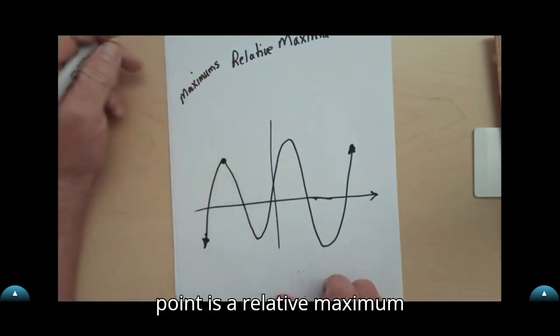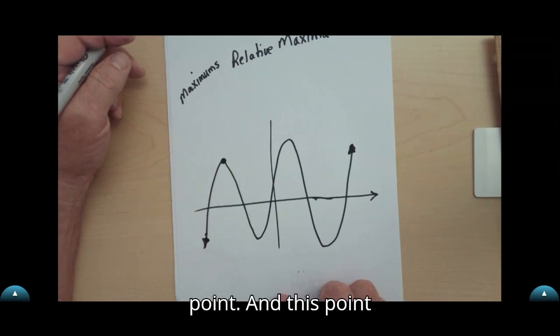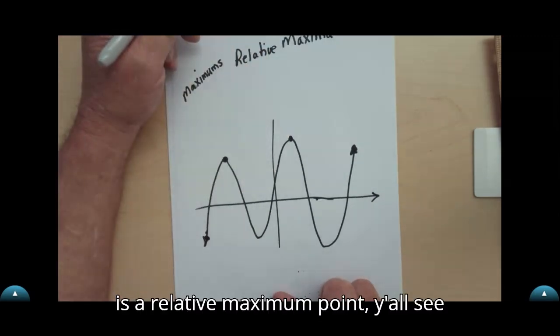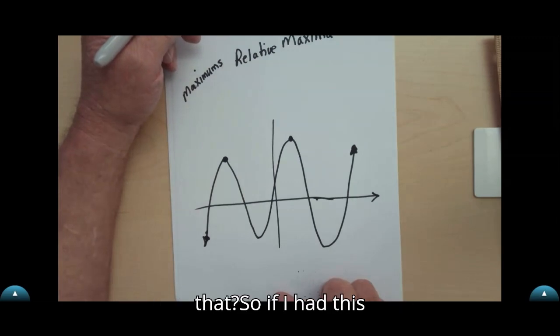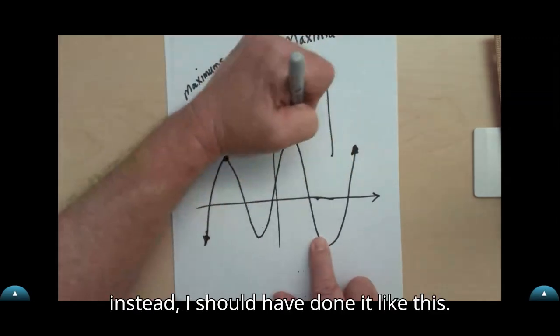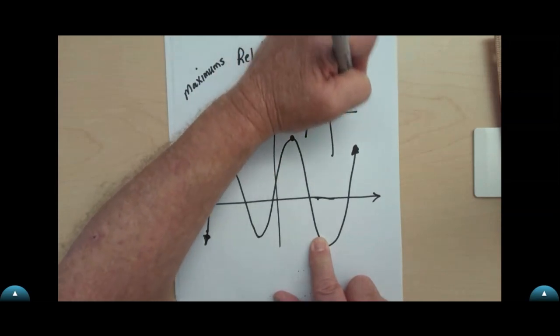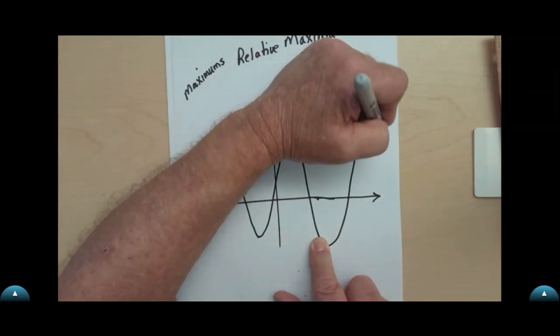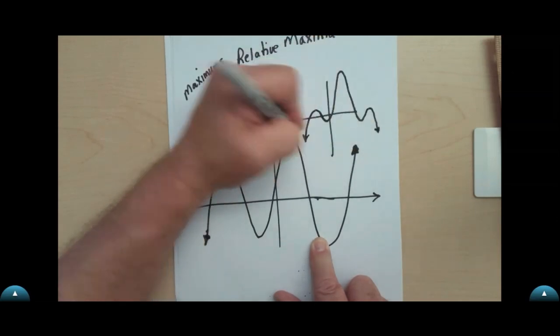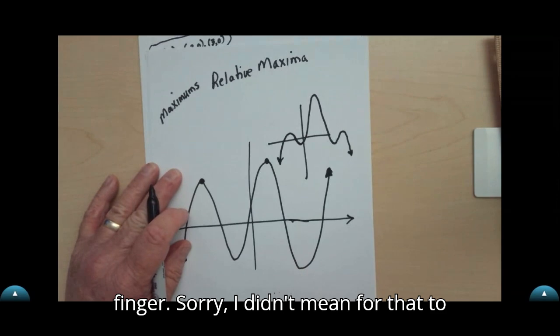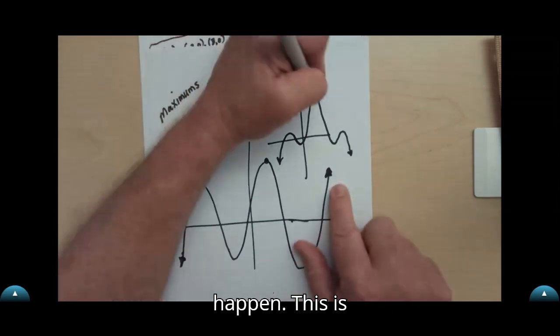That point is a relative maximum point. And this point is a relative maximum point. Y'all see that? So if I had this instead, I should have done it like this. It's kind of like I'm giving you the finger. Sorry, I didn't mean for that to happen.